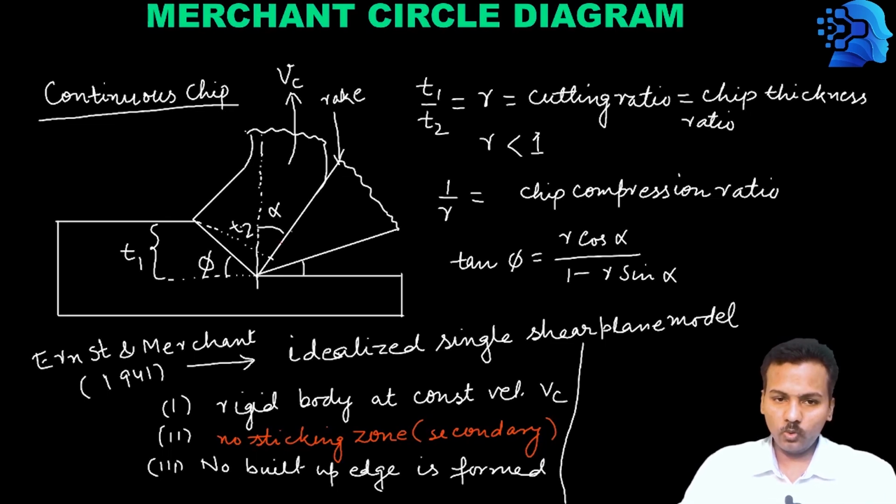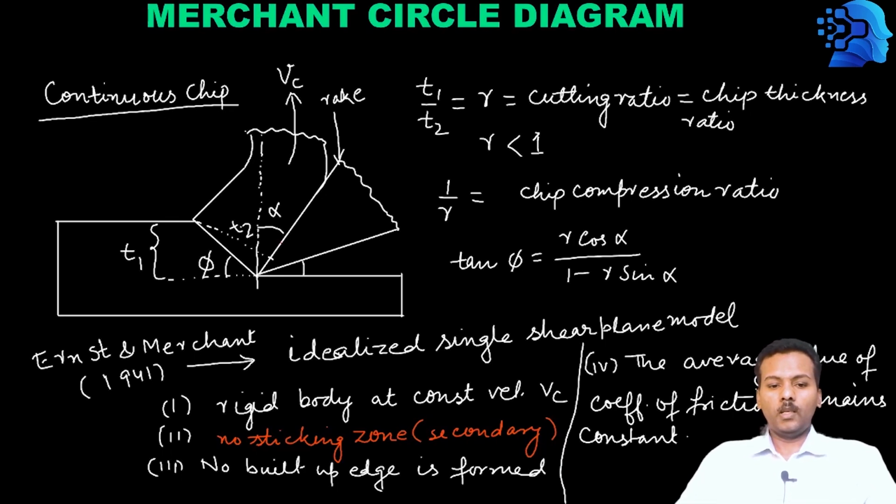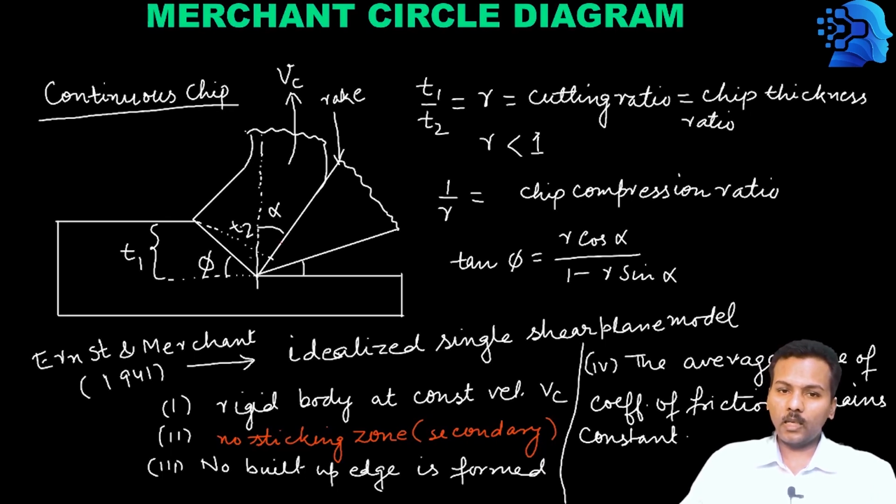Further, it is assumed that the chip is sliding over the rake surface with a constant coefficient of friction and constant velocity of Vc. Since we are analyzing the forces in orthogonal machining, all conditions of orthogonal machining must be fulfilled, which means there is no side flow.